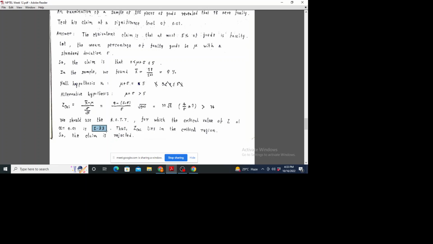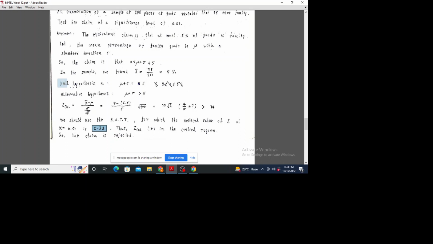That means the calculated value of Z is already greater than the critical value of the right one-tailed test. So it lies in the critical region, which means the null hypothesis has to be rejected.